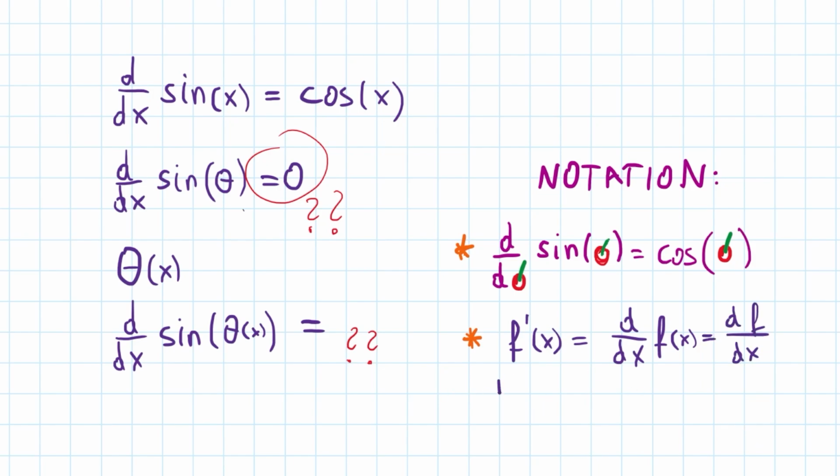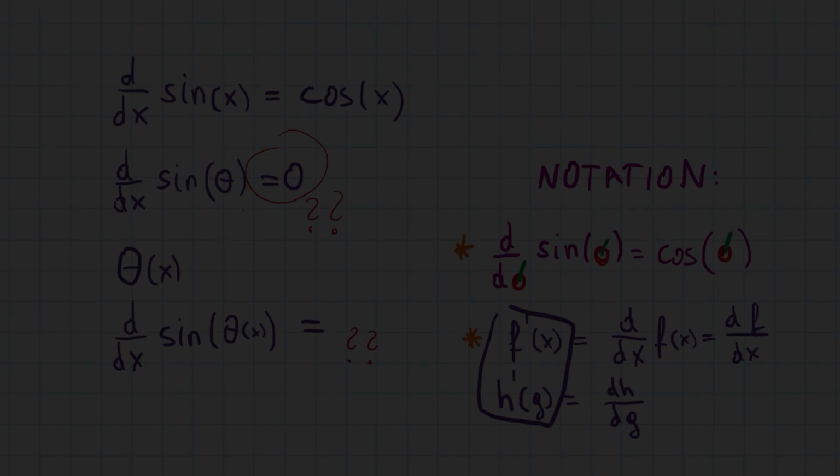So if I had a function that takes in the value of g, and the function's name is h, then h prime would mean nothing but the answer to the question, how does h change as g changes, the value of g changes.